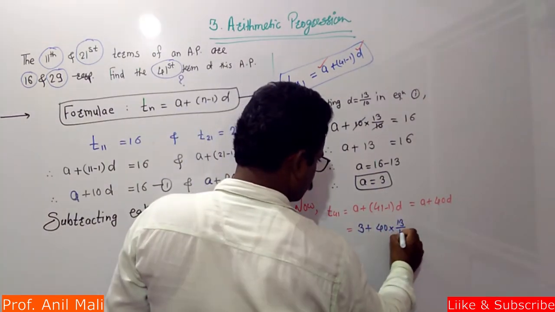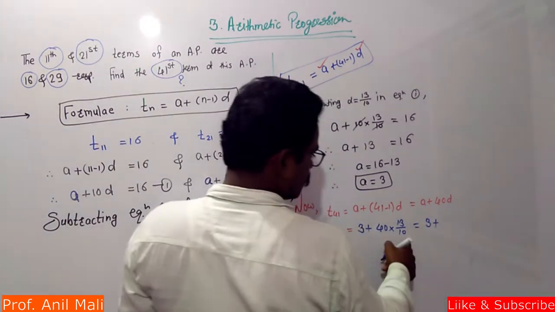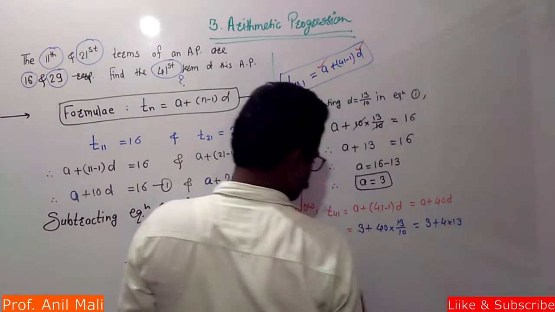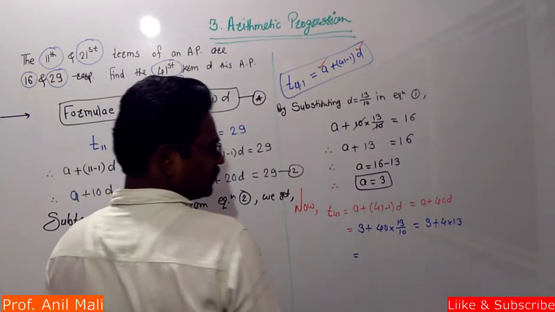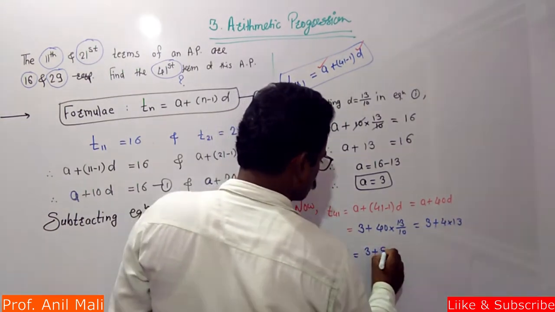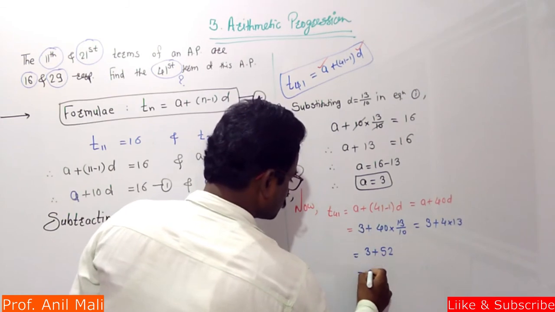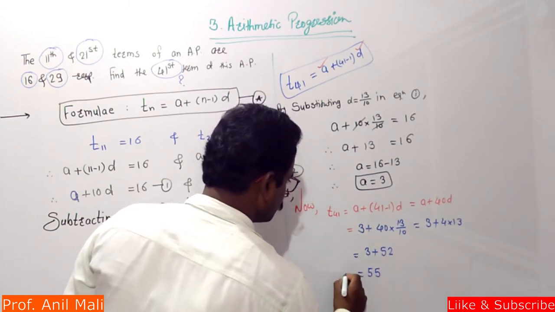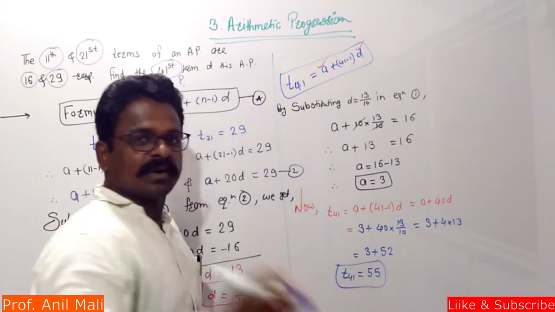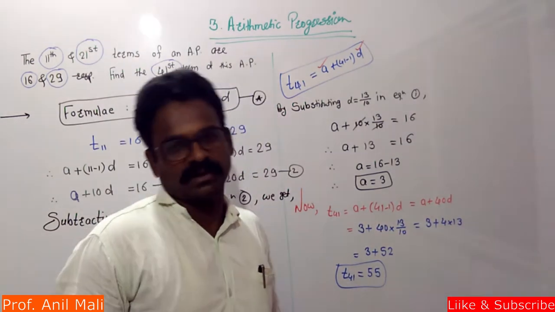So it is equal to 3 plus 10 fours are 40, so 4 into 13. 3 plus 13 fours are 52. So 52 plus 3 is 55, and this is your 41st term. T41 is equal to 55.